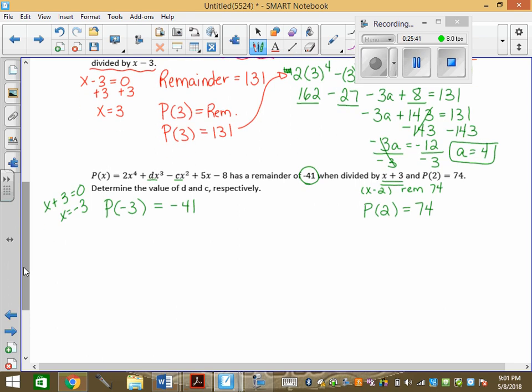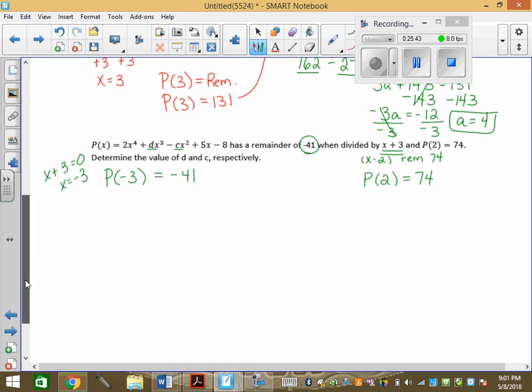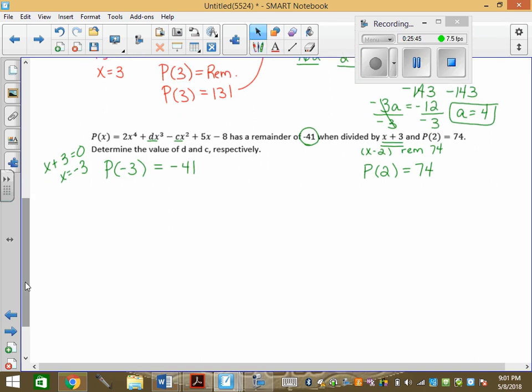Now, we're missing two variables, so we have to do remainder theorem twice. So I'm going to do it once over here, and I'm going to get 2 times negative 3 to the 4 plus d times negative 3 cubed minus c times negative 3 squared plus 5 times negative 3 minus 8, and it's going to equal negative 41.